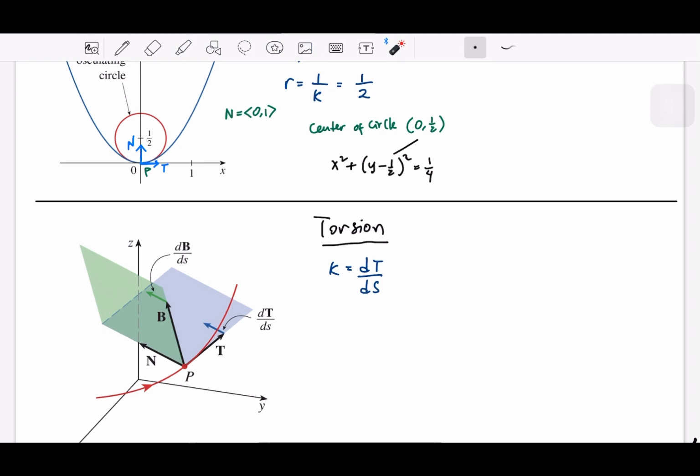And also, this curvature indicates how the normal plane is changing, okay. So this is the normal plane. If we change the point, let's say we move the point through here, maybe P is here, then perhaps this is the T, and the normal plane may be a little bit changed, okay.